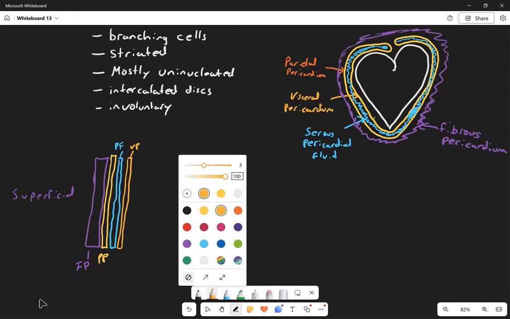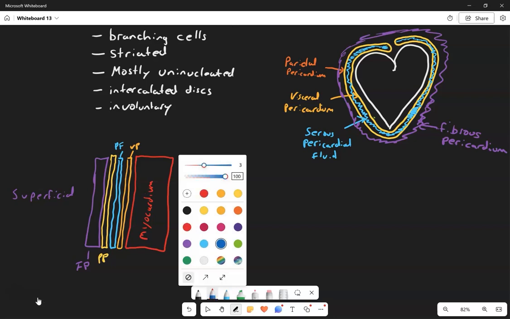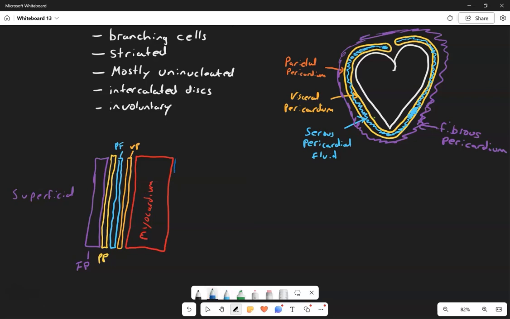Okay, and then we have the cardiac muscle tissue. So that is a thick wall. Right, that's the cardiac muscle tissue. And this is known as the myocardium. So we'll write this like this. That's the myocardium. Okay, and then on the very deepest side, right, lining the actual open chamber, is going to be a very thin layer of an epithelium. Okay, because it's going to surround the hole or the cavity.